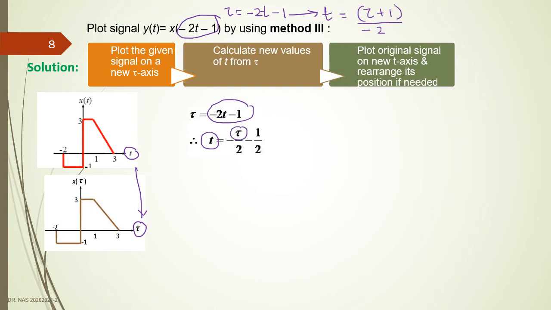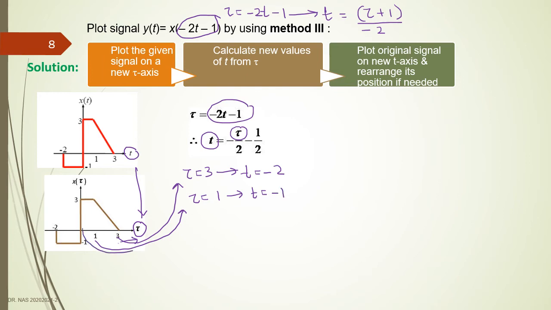Then you need to calculate the new t values based on tau. Tau you can get from this graph. So the new t, what happens when tau equals 3? Your new t equals negative 2. When tau equals 1, your new t equals negative 1.